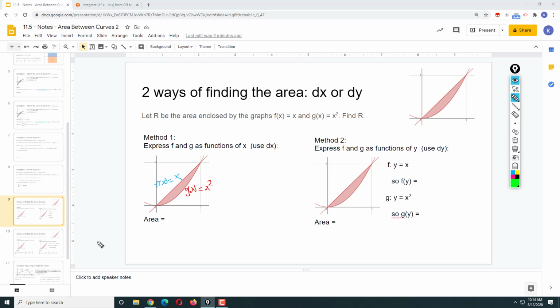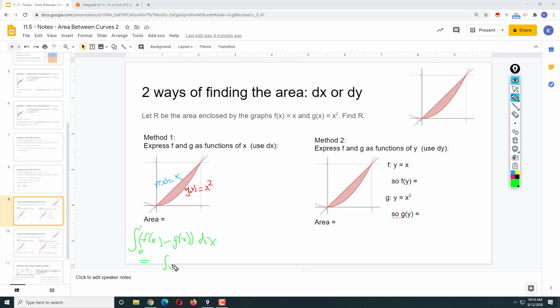So that means that the area is nothing new here. It's just the integral of f of x minus g of x dx. And we're integrating from 0 to 1, because that's where they intersect.